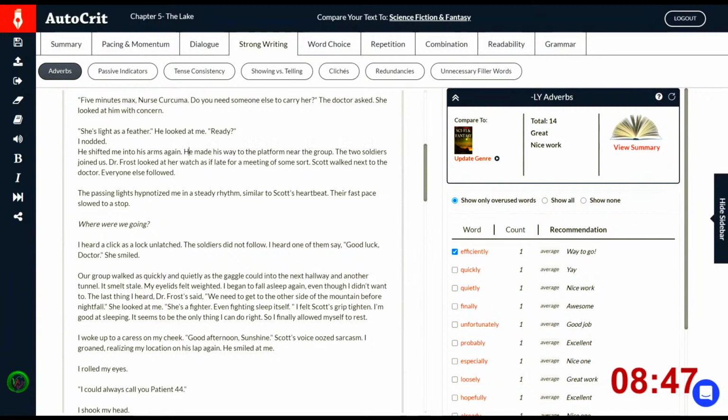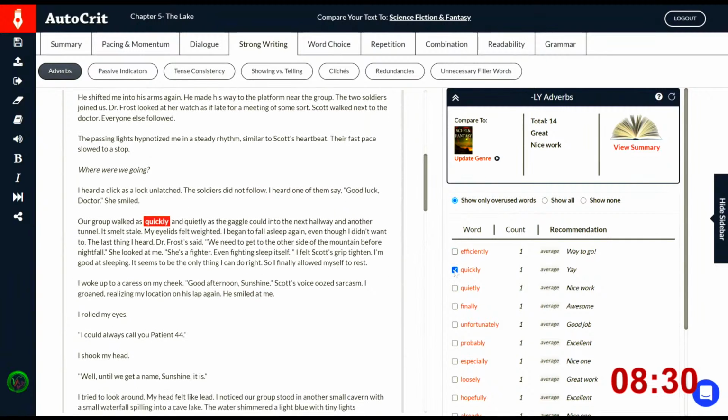Taking that away doesn't really add anything. The only thing you're getting rid of is the fact that he moves very agile and efficient. But I think we can do that by showing, not telling.